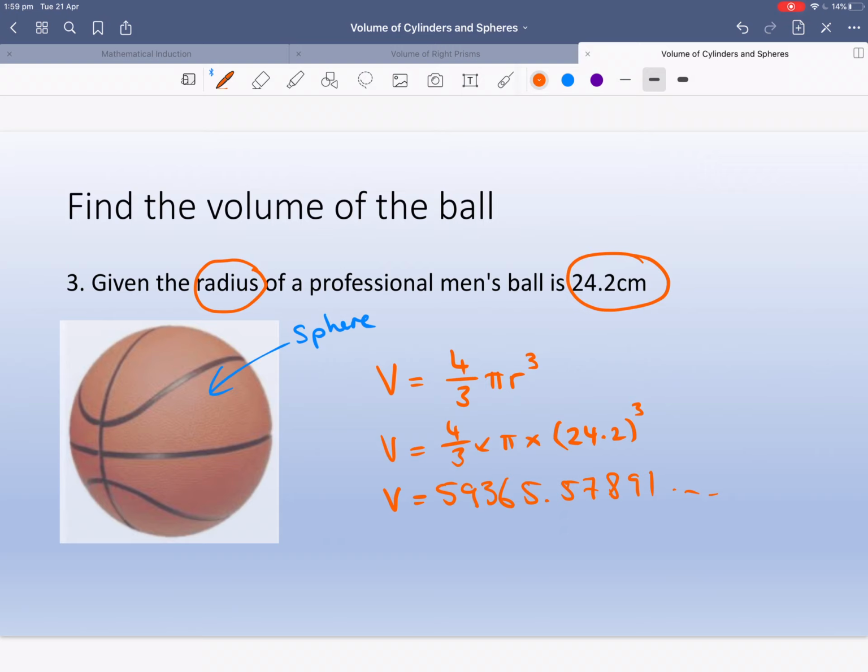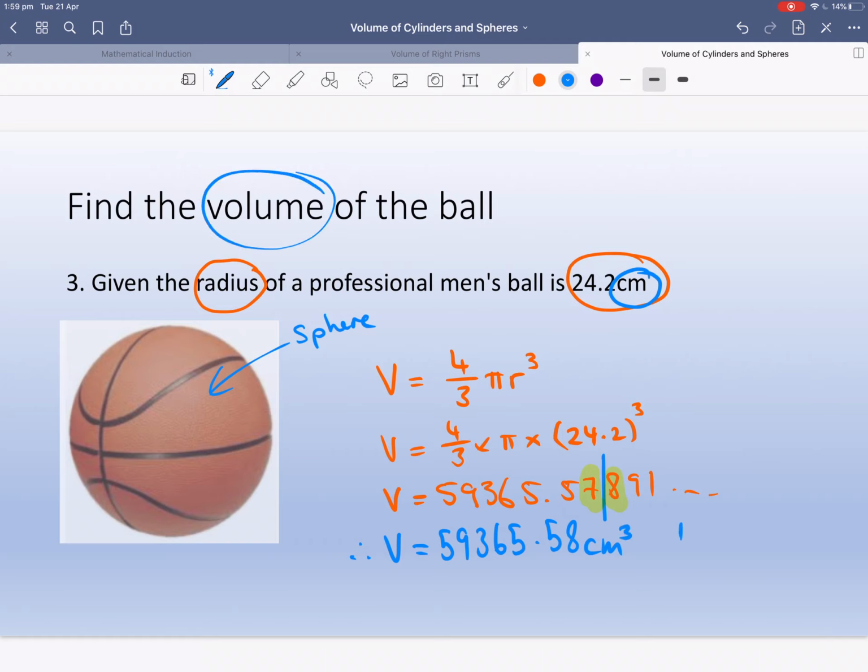I'm going to do it to 2 decimal places because I don't like the big numbers. So I'm looking at that, and in this case the 8 is definitely 5 or higher, so this 7 will go 1 up to an 8. Therefore the volume will equal 59365.58, and our units are centimeters, and because we are using volume, it's going to be cubed.